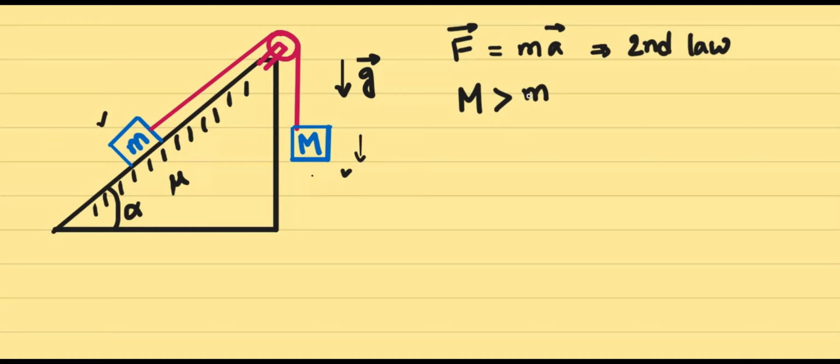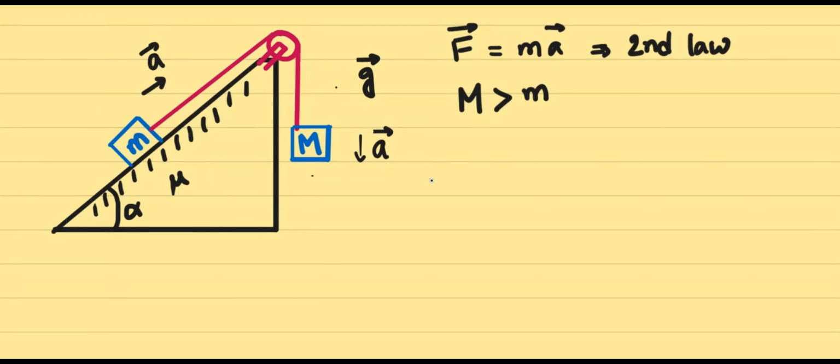Beforehand, we are assuming the acceleration takes place in the vertical direction for the bigger mass, big M, and for the smaller mass, small m, the acceleration is directed in this direction. We have chosen these two directions to be consistent because the string is inextensible, so both of these masses must be in harmony while they are sliding in the same direction.